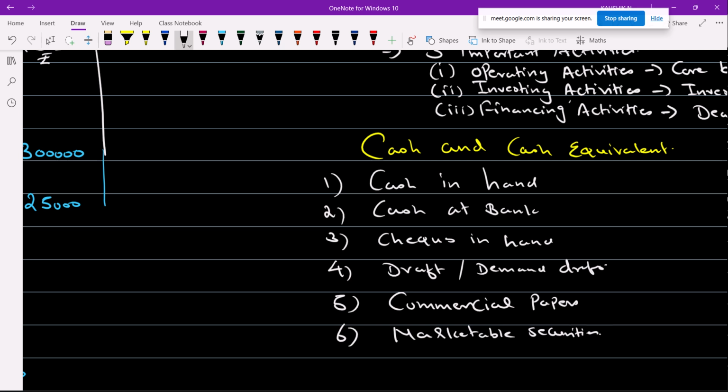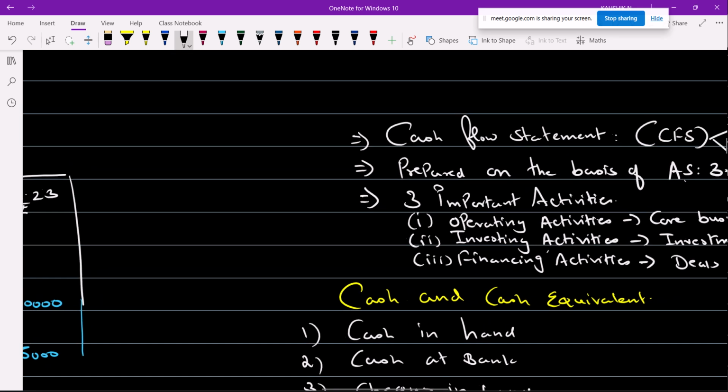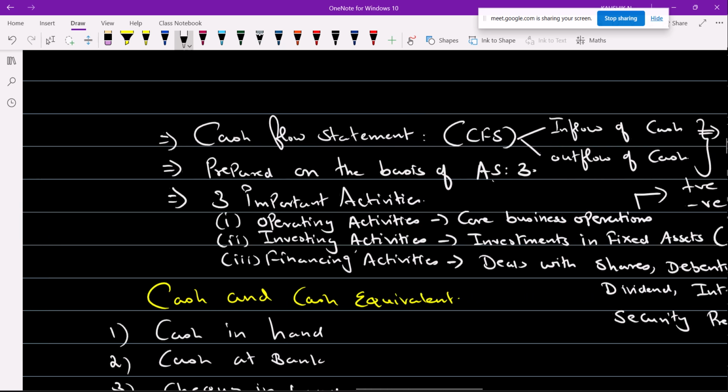So cash means literally cash, but cash equivalent means that if the document is honored by the bank, it becomes equivalent to cash. This is one of the most important segments in the cash flow statement.